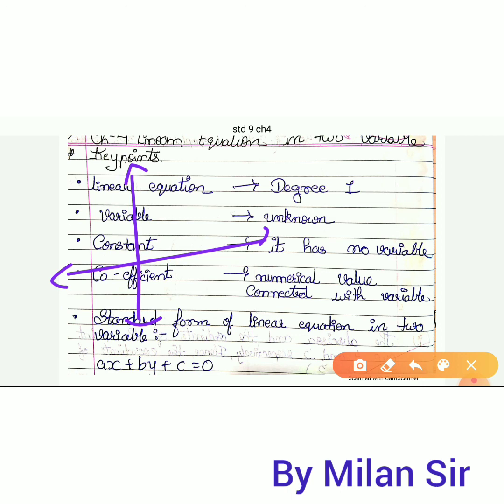Whatever number of solutions we have, if we locate those points on the graph and join all the points, then we always get a straight line. That's why it is called a linear equation. Linear equation means graph line. In the graph we get only a single straight line.